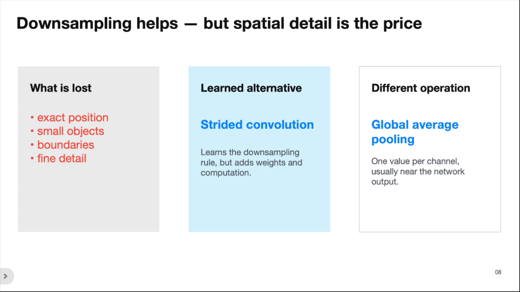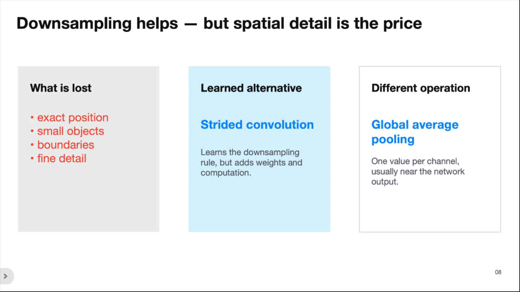This matters for tasks such as segmentation and keypoint localization. Modern CNNs therefore use pooling selectively. A strided convolution can learn how to downsample instead of using a fixed maximum or average.